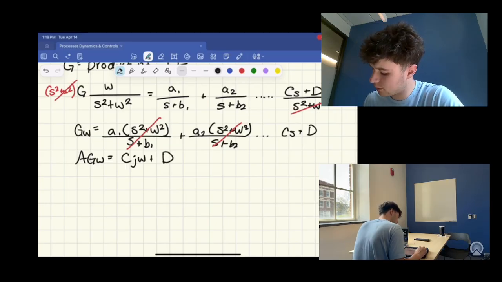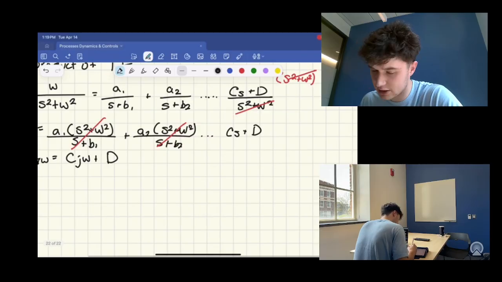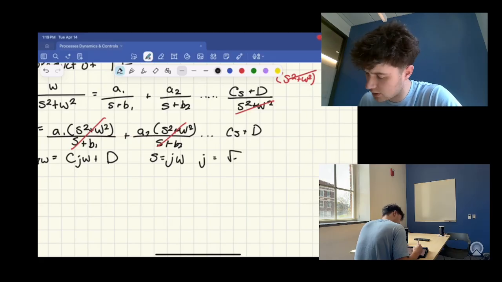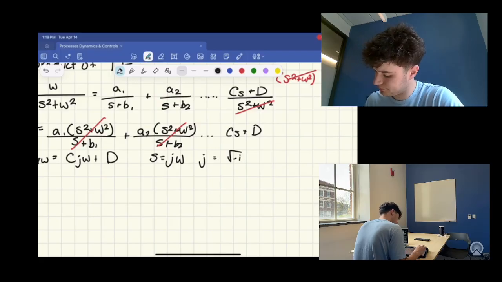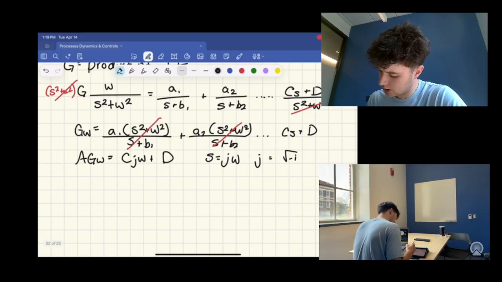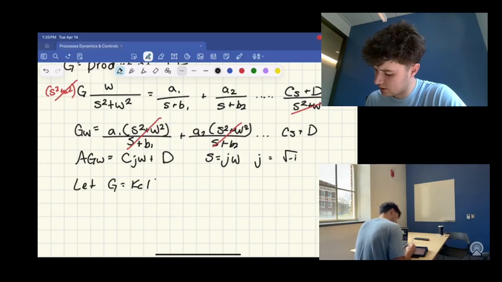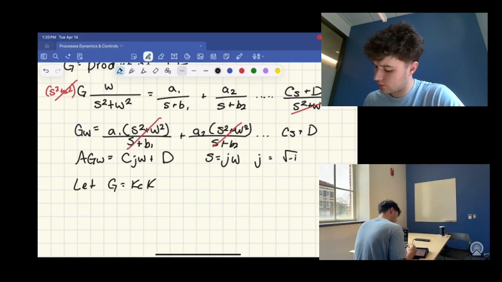And for this one, if you remember from the problem statement, we were able to get this because we set s equal to jω and j equals the square root of negative 1. Now from here, we're going to let G equal K_c K over τs plus 1.